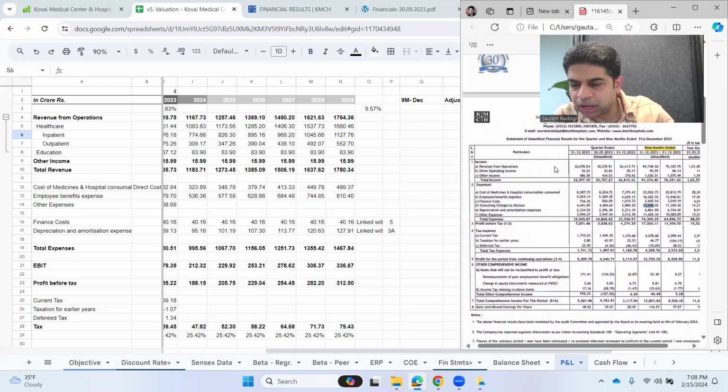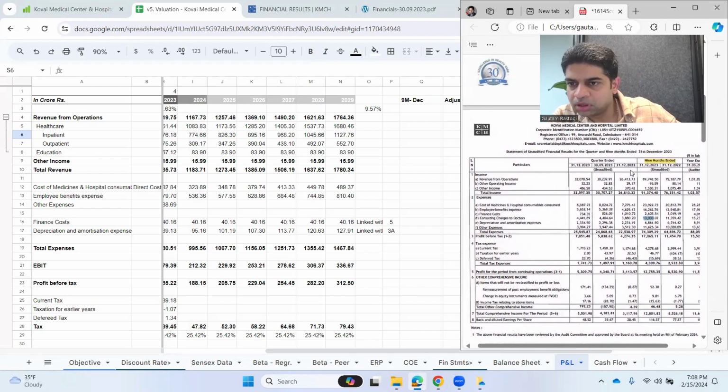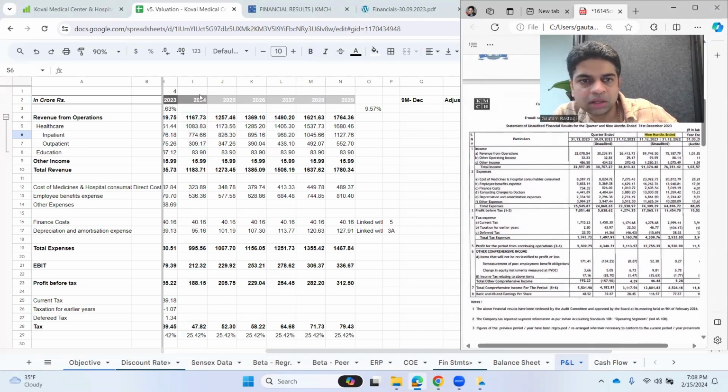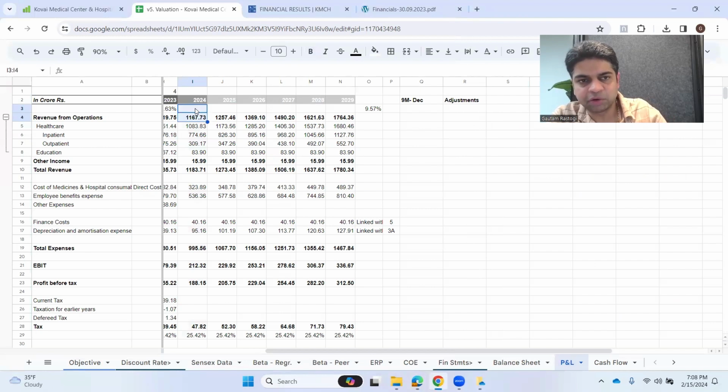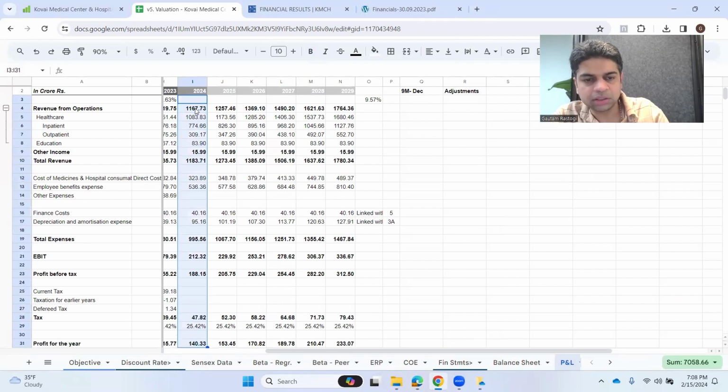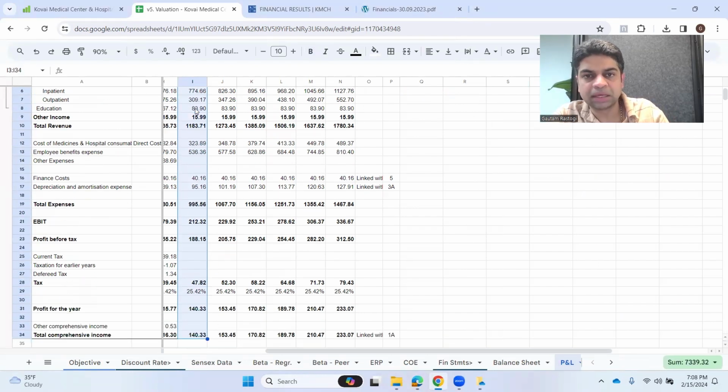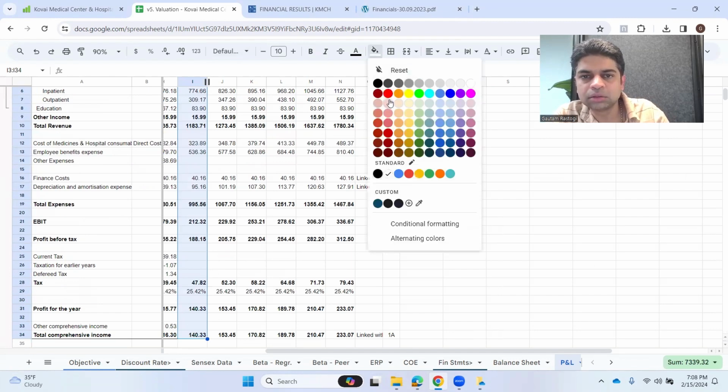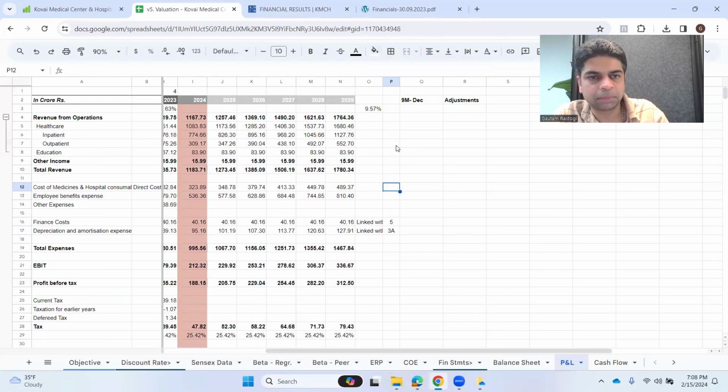So I have the P&L, the 9 months ended. Let's compare this column with FY24. So let me highlight FY24. You can do this with me and track. I just picked up a random color; we'll remove this color later.